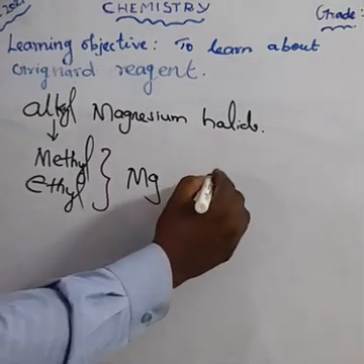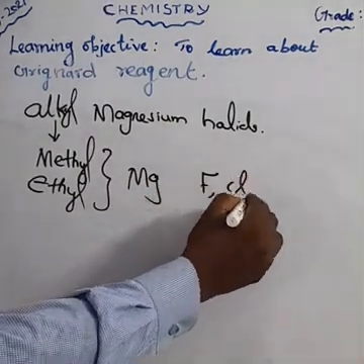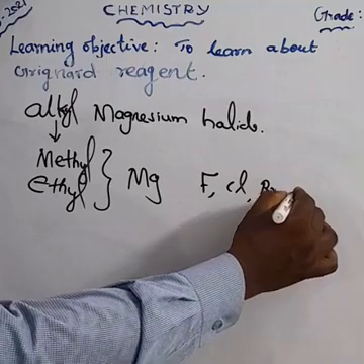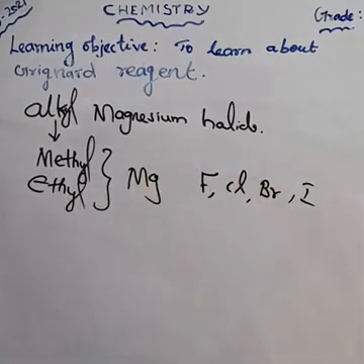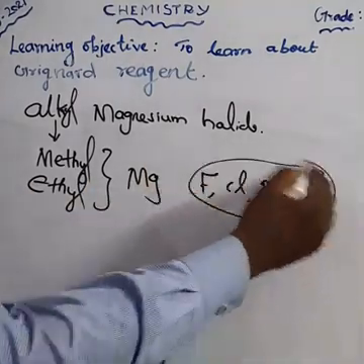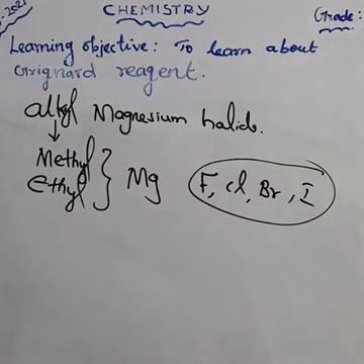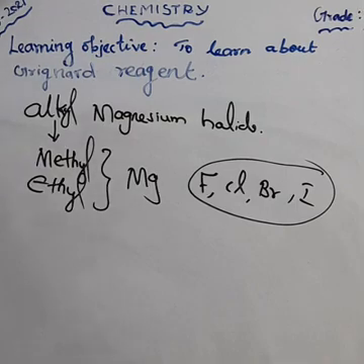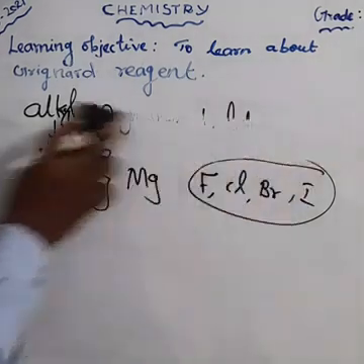Halide means fluorine, chlorine, bromine, iodine. So alkyl magnesium halide is what? Grignard reagent. Don't forget that organometallic halides are called Grignard reagent. A very good example is alkyl magnesium halide.